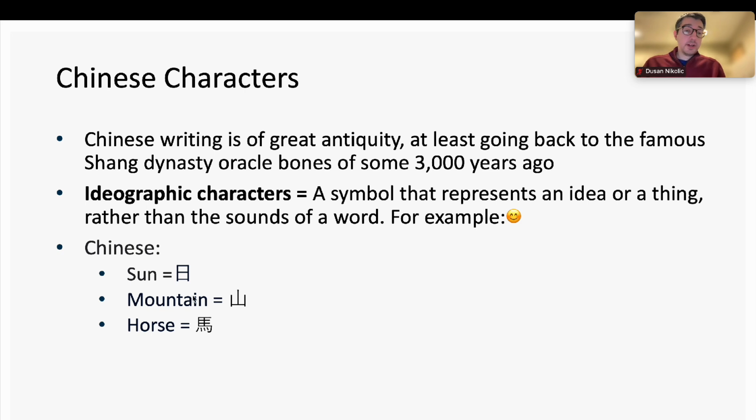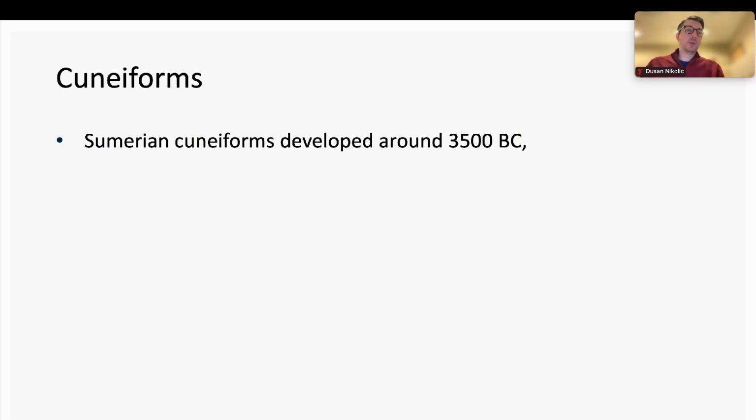And a horse with four legs, 1, 2, 3, 4 legs, and a tail, right? So all of these developed over time from pictures. And we'll go back to Chinese orthography in a second. Then we have cuneiforms.